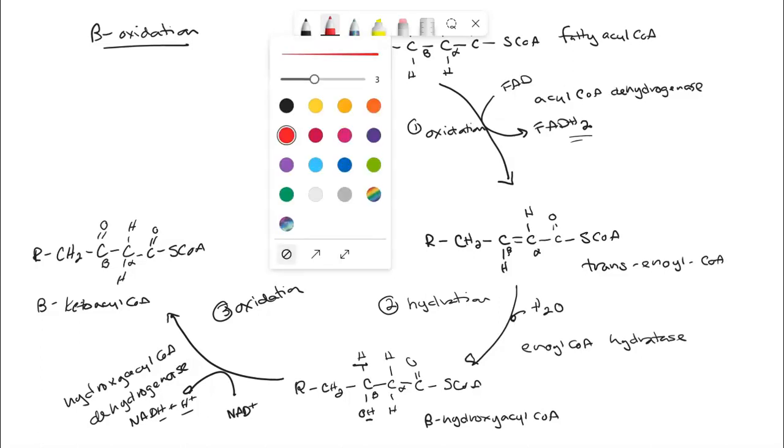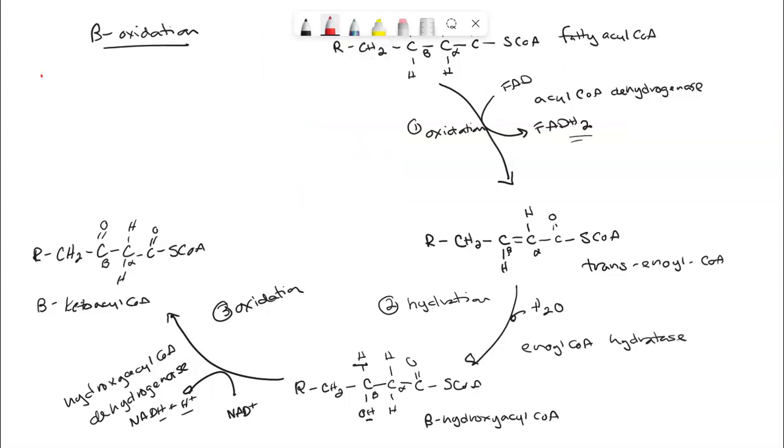What this does, let me see if I can get rid of this now, is pulls electrons towards both of these carbonyls. And this makes the carbon between the pair of carbonyls electron poor, which makes cleaving this bond between the alpha and beta carbon substantially easier energetically than it would be otherwise.